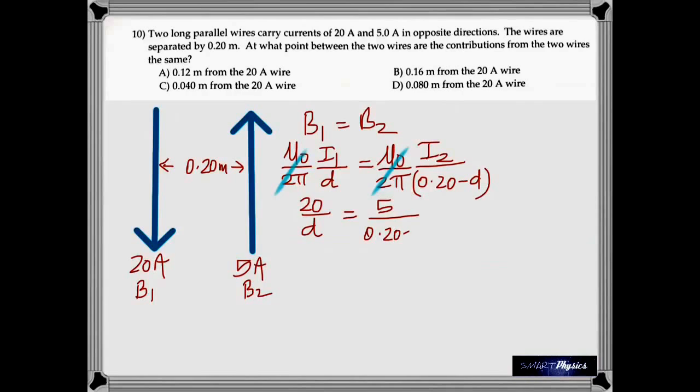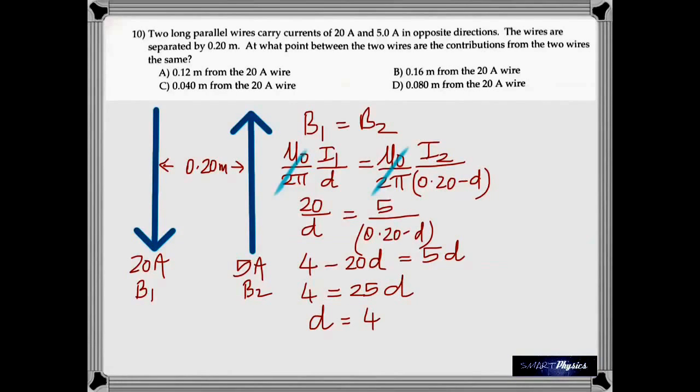Rearrange and calculate d, for which we'll have to cross multiply, distribute it. That gives 0.16 meter.